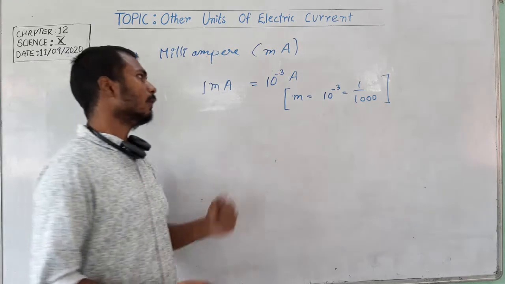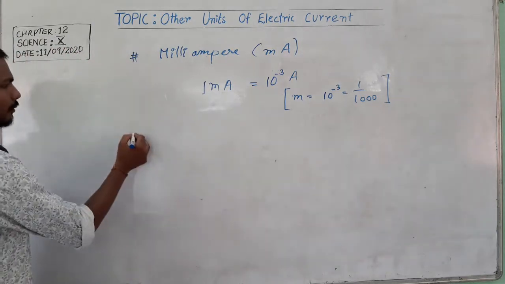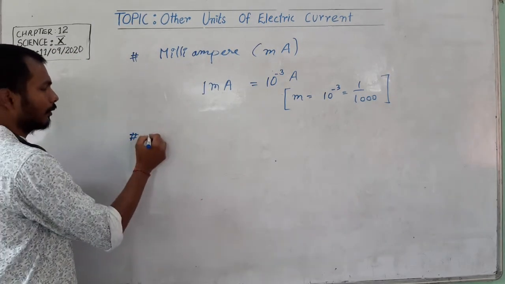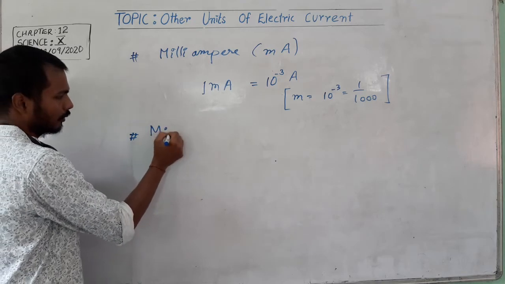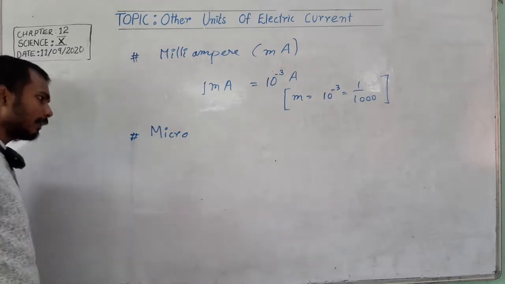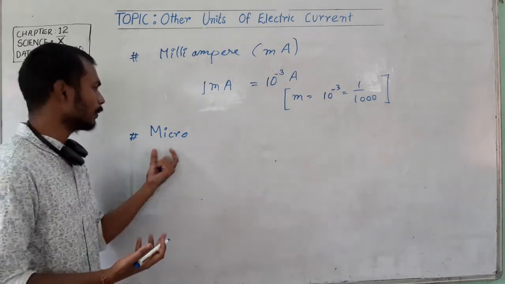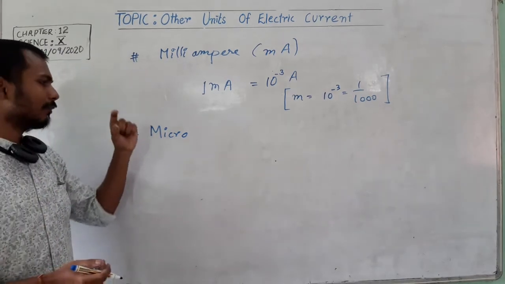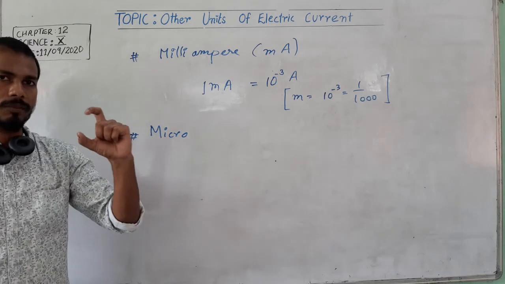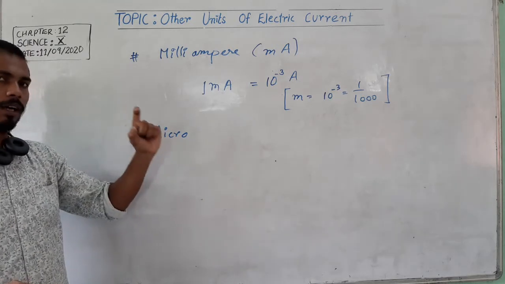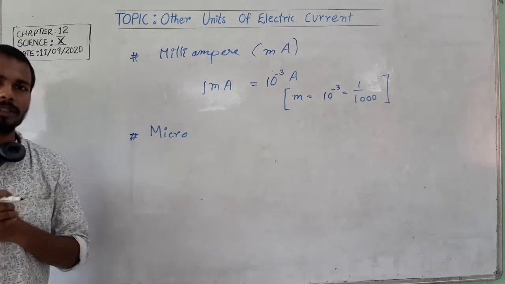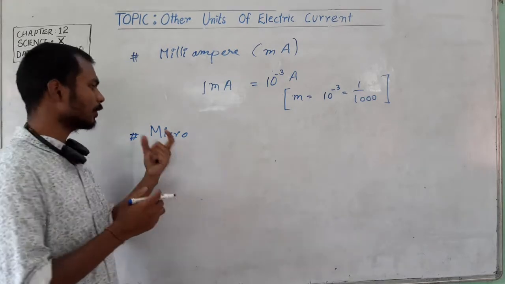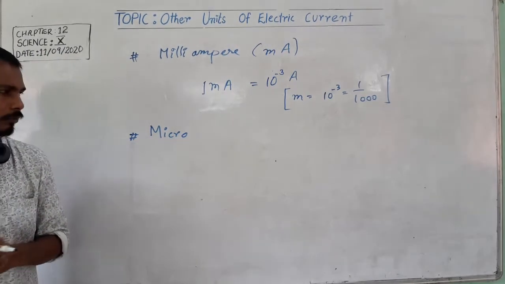Now next is microampere. I hope you all have heard this word micro. Micro actually means very small size; objects of very small size are called micro. It is similar to the size of a cell.